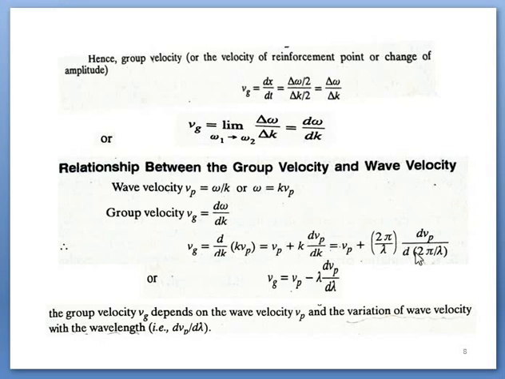Lambda power minus 2 means lambda square moves to the numerator, and here there will be minus. Plus times minus will be minus, and lambda square will be cancelled with lambda. So we will have minus lambda dVp upon d lambda. So this is the relation between Vg and Vp. In other words, group velocity depends on phase velocity, and the phase velocity also varies with respect to wavelength.